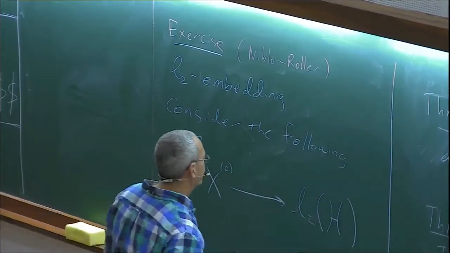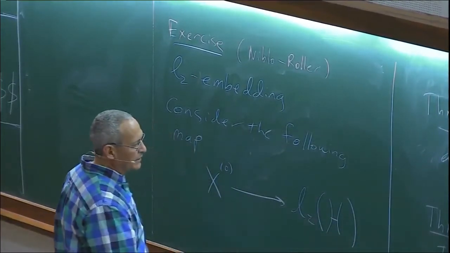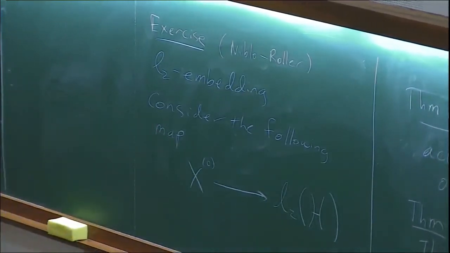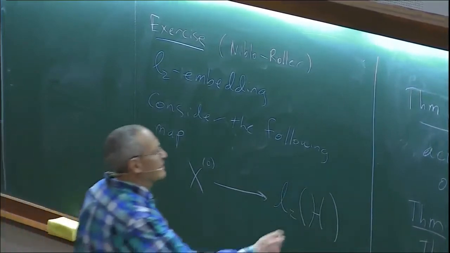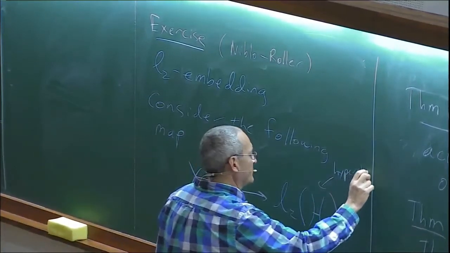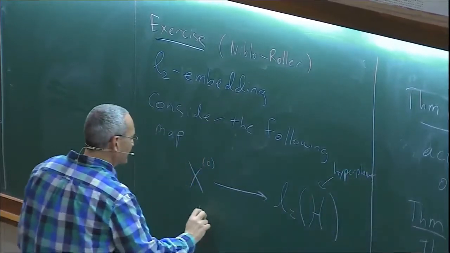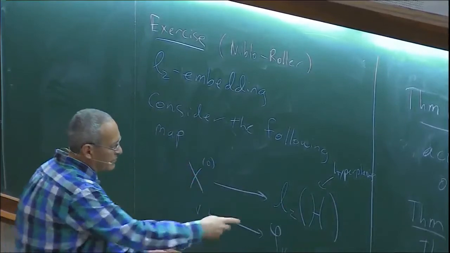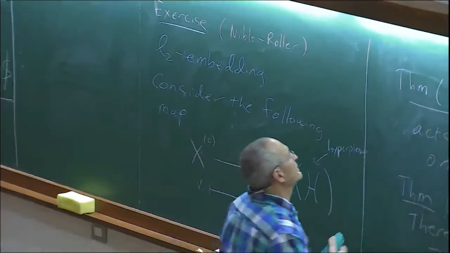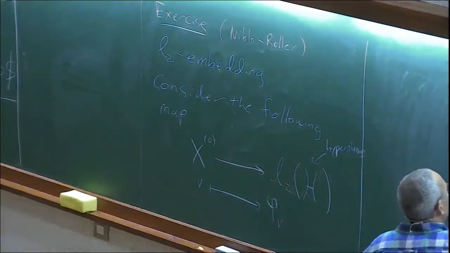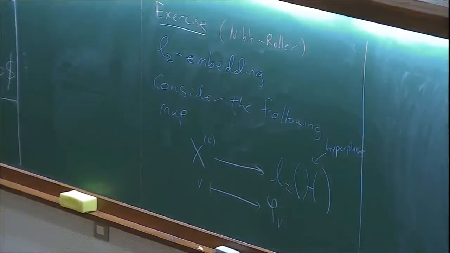Anyway, in a little bit I'll change notation. So for every vertex, I'm going to have an element of L2. An L2 of H means that for every hyperplane, I have to tell you what the value is.